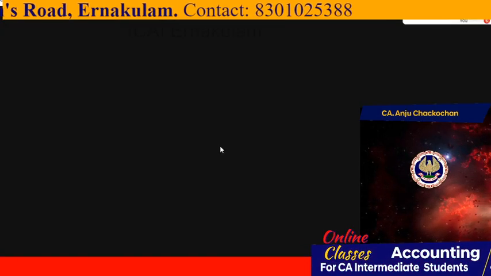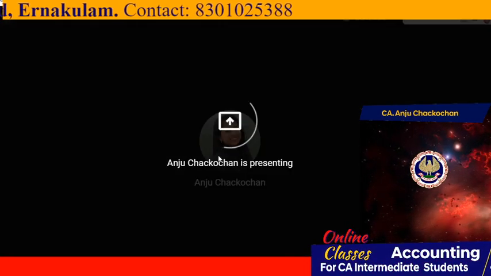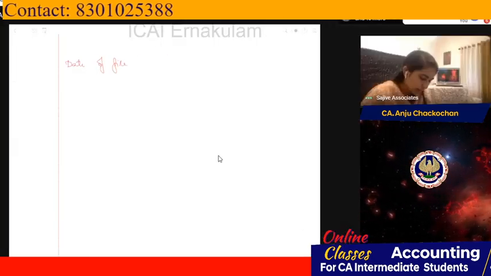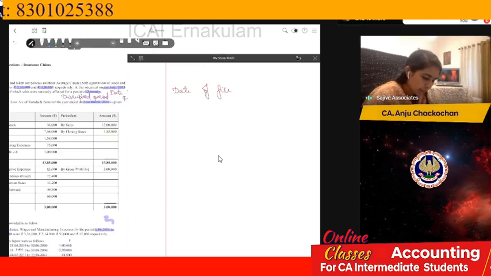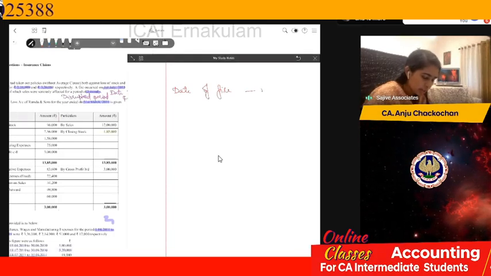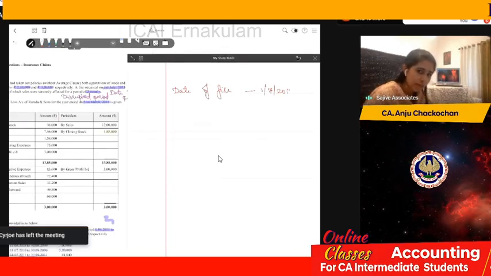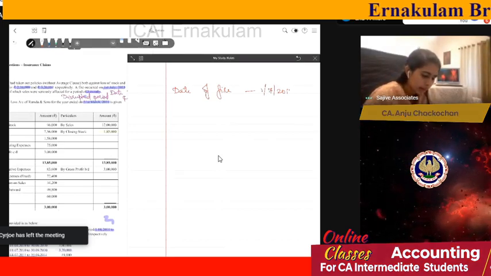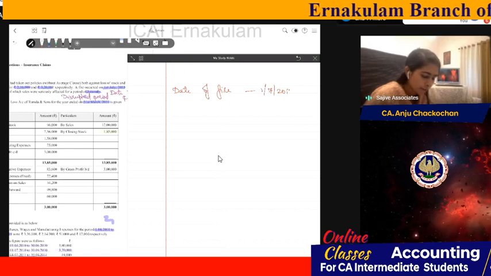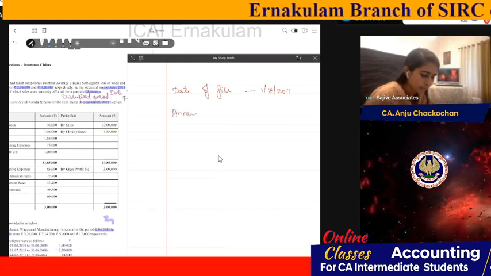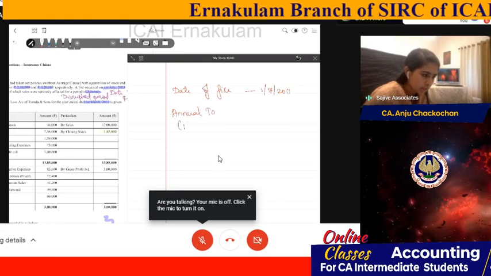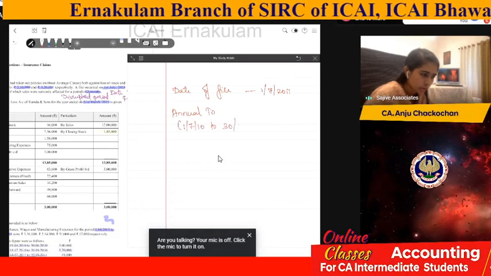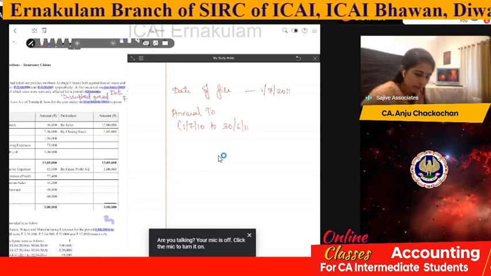Date of fire. See, date of fire is 1st July 2011. So exactly 1 year before that is what we need. So for your annual turnover, 1/7/2010 to 30/6/2011 is the data that you need.